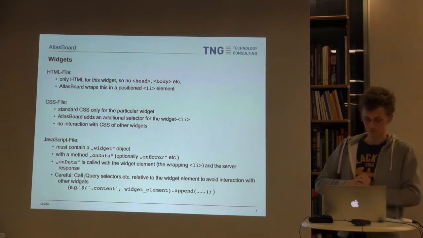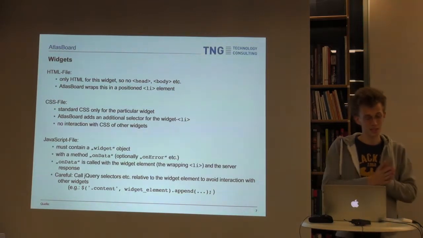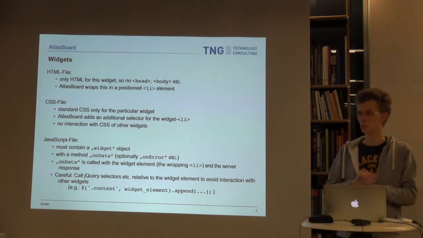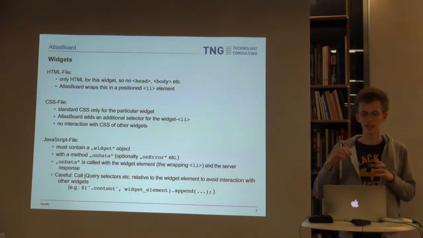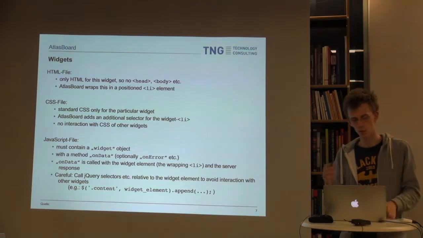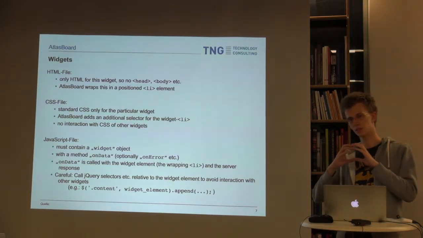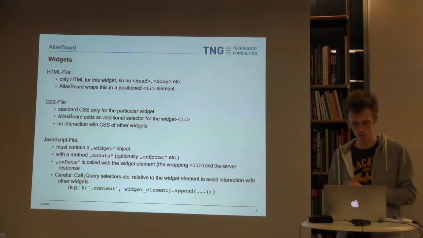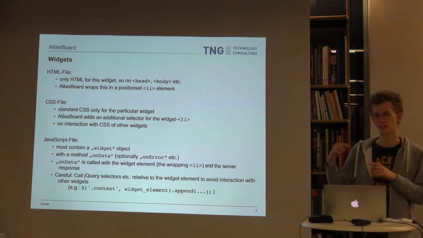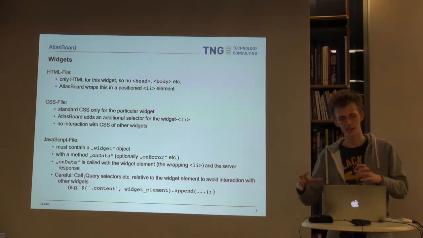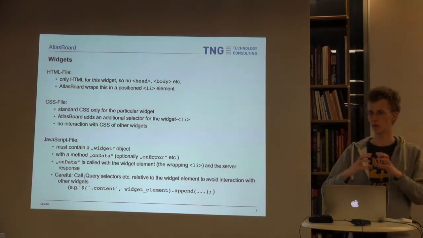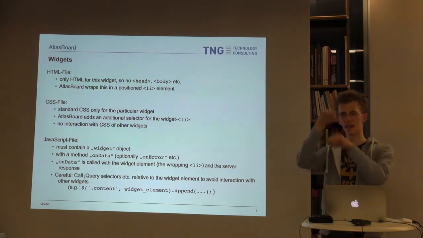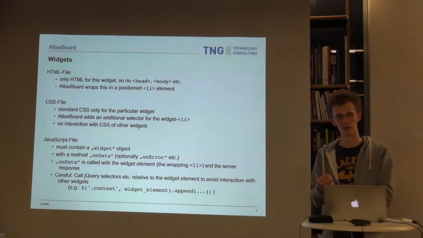Now for the client side, the HTML is just usual HTML, and you're just writing HTML for this specific widget, so you don't need to do any head or body parts. The clever thing of AtlasBoard is that it takes the HTML you've written for that widget and wraps it in a list item element, which it then later positions on the screen.